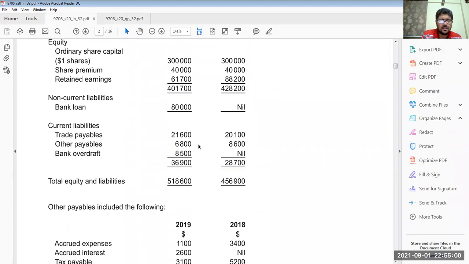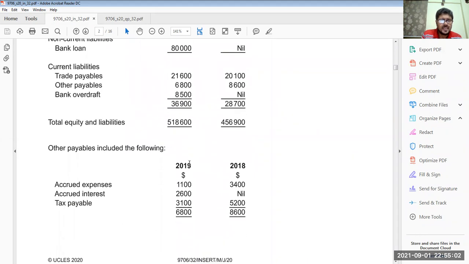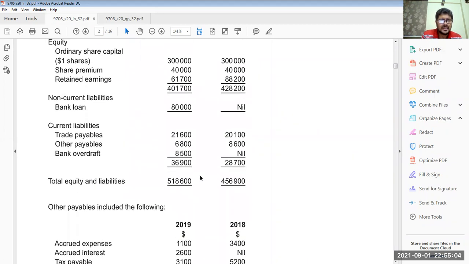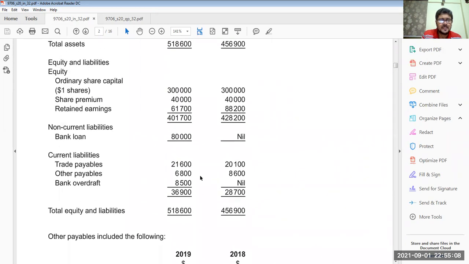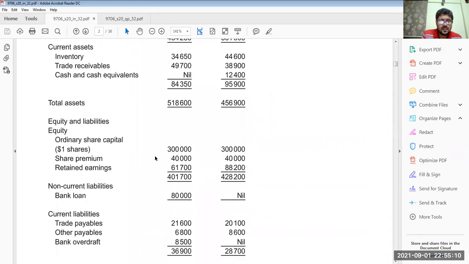see, we have bank overdraft at 1,500, we have bank loan 80,000, we have accrued expenses, accrued interest, we have tax payables. Only we are left with share premium. So in 2020, I think if the company could not make huge profits, they have to surrender share premium against bonus shares.